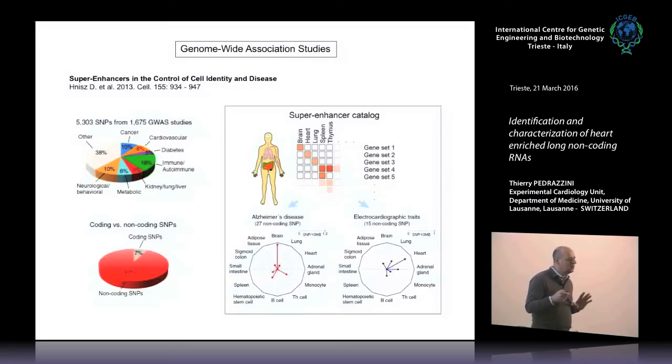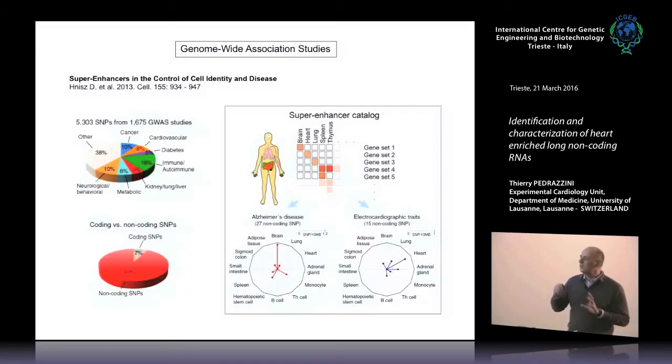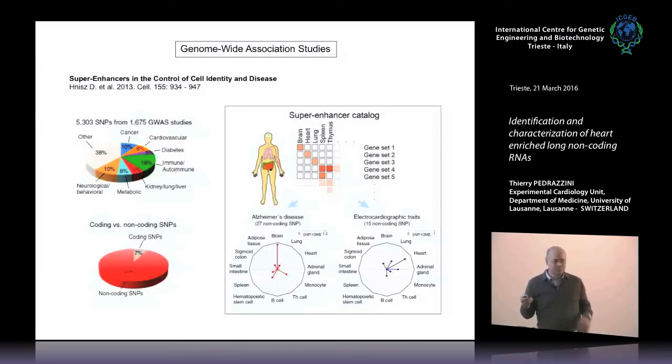Now, these super enhancers are apparently very important in development and disease. And this is a very important study in which the authors used GWAS, genome-wide association studies, and considered about 5,000 SNPs that are associated with disease.